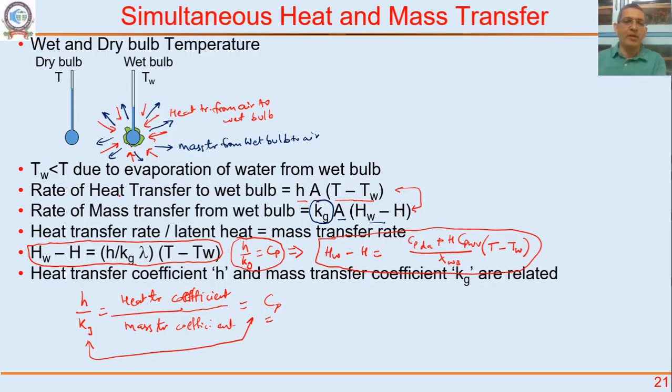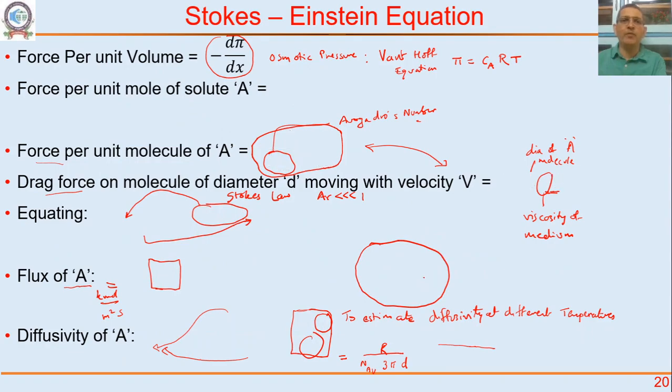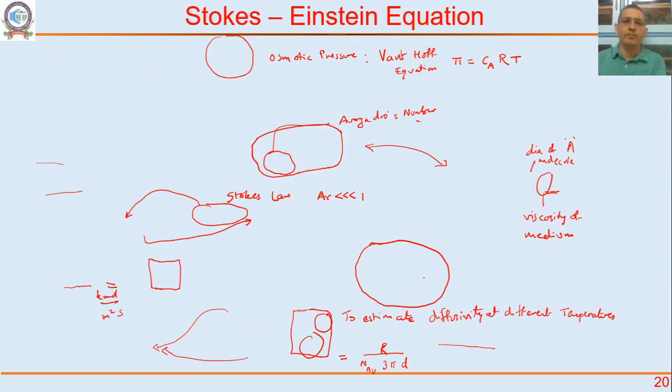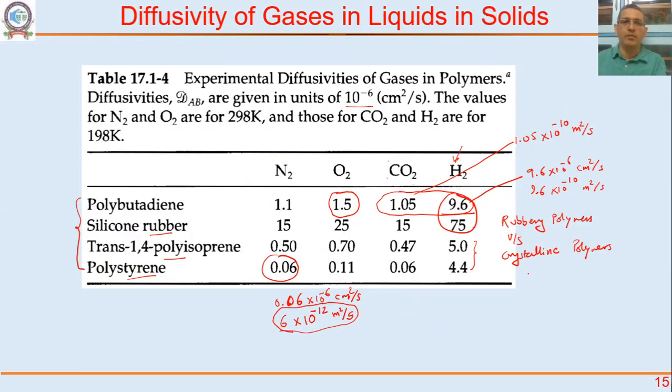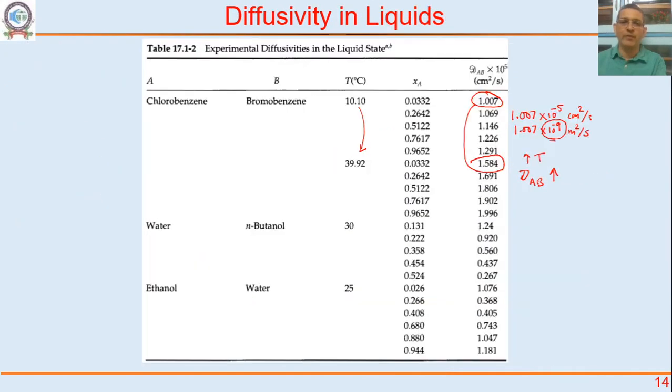Here's the answer. Remember we talked about analogies. Let's take any one of the analogies. Let's take for example this Chilton-Colburn analogy. What does this tell you? That Sherwood number is like this, Nusselt number is like this, and Nusselt number is related to heat transfer coefficient, Sherwood number is related to mass transfer coefficient, right?